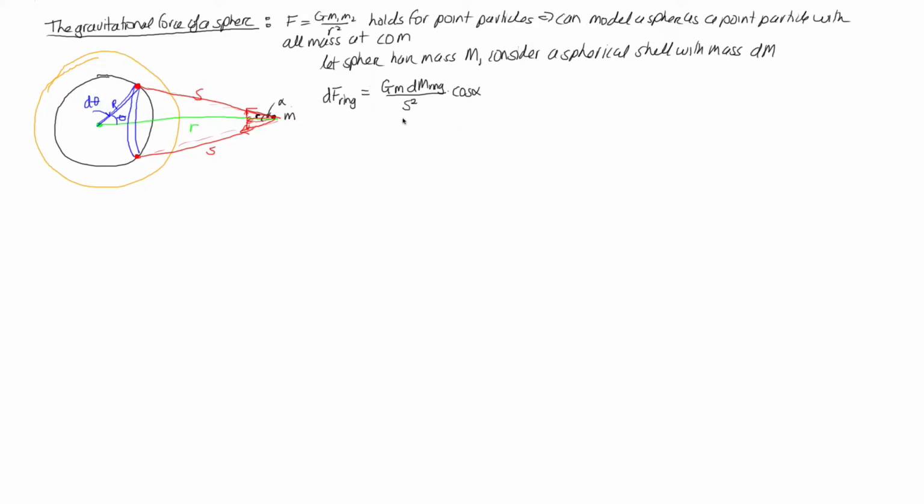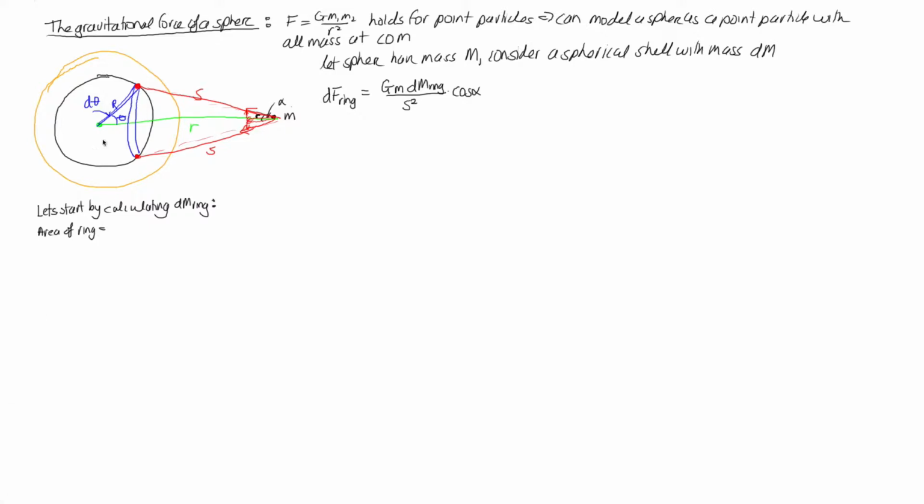Okay, now we're going to want to simplify this a little bit. So let's start by calculating dm ring. So physically, this is the mass of this ring here. So we can calculate it by calculating its area and calculating the surface density. So the area of the ring is equal to, well, the circumference of the circle.